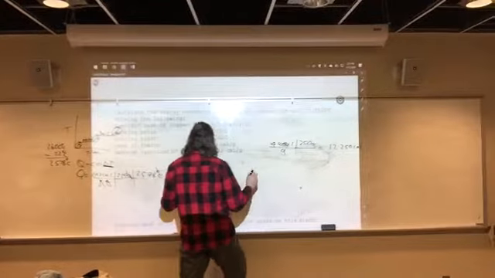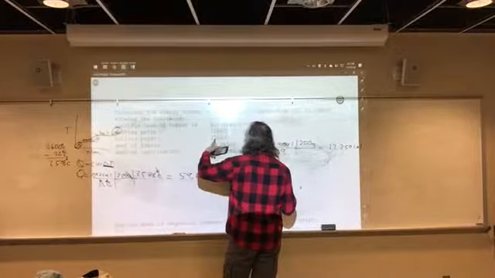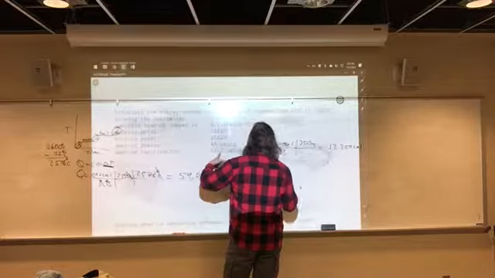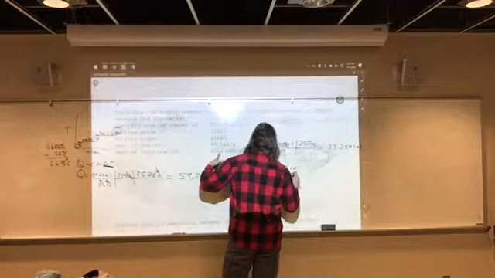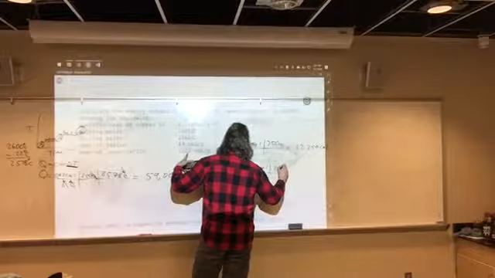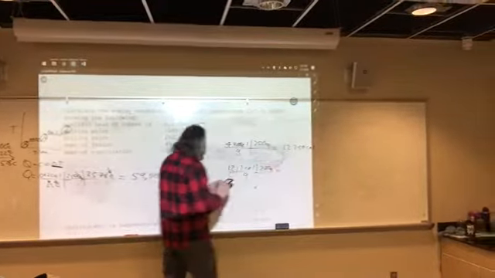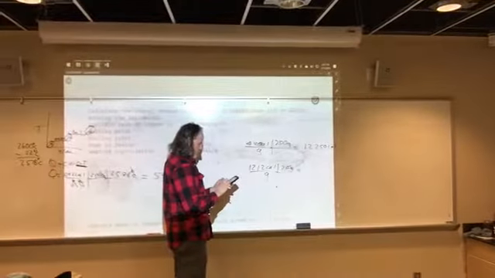And then if I'm going to boil it, once I've gotten up to 2562, I'm going to need 1212 calories per gram, and again 250 grams. So 1212 times 250.